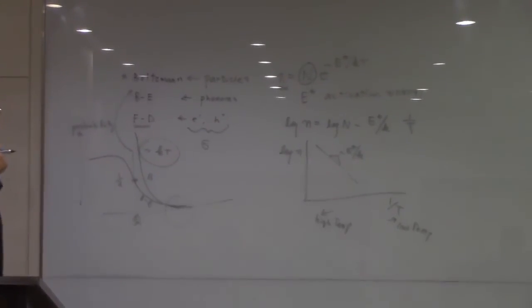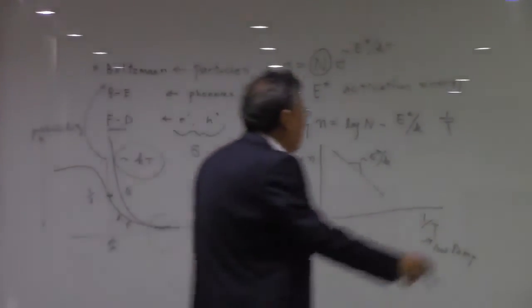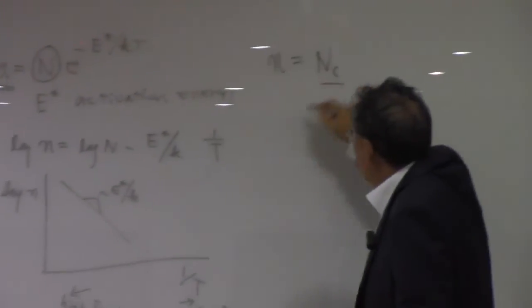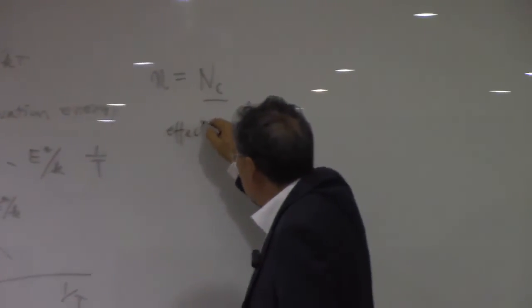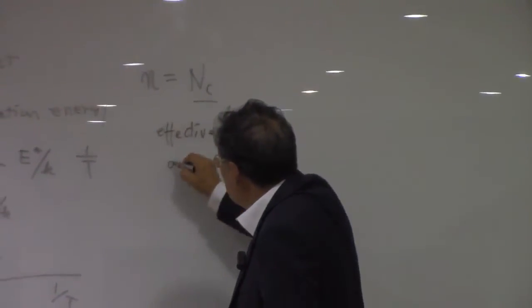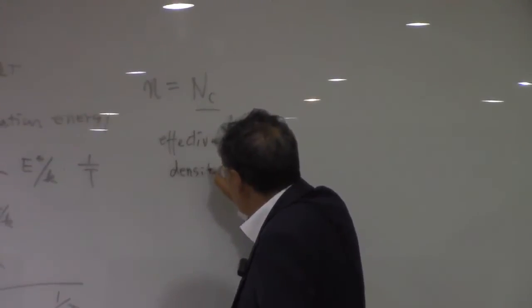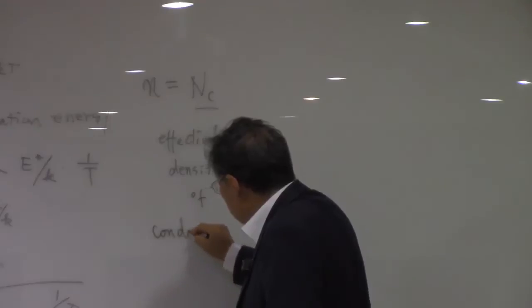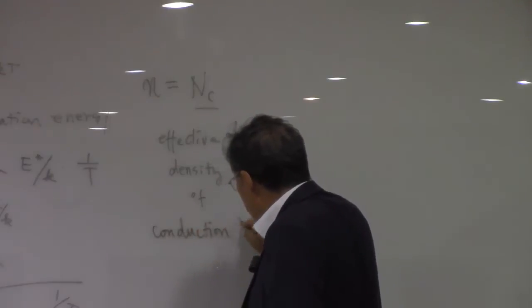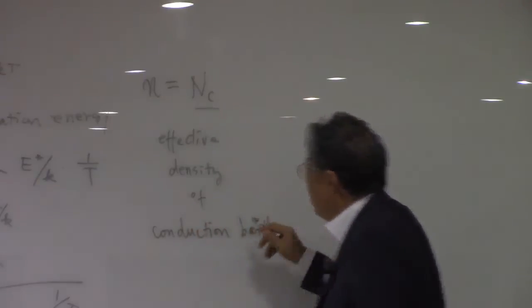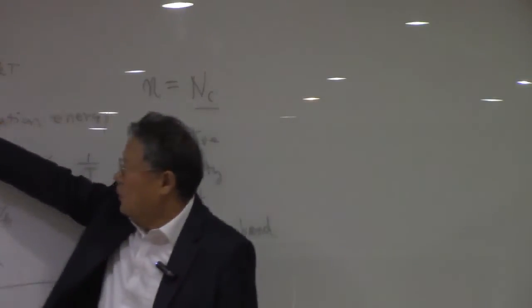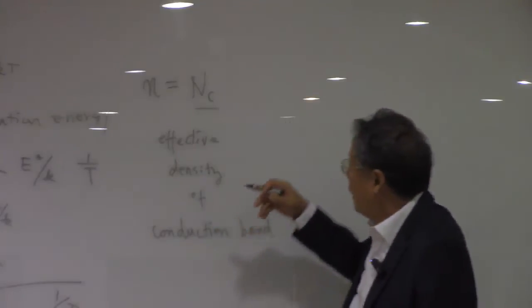So what we can say is that the electrons in the conduction band can be described by an effective density of states of the conduction band.